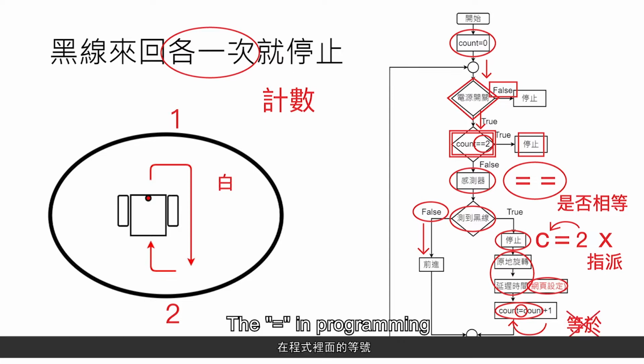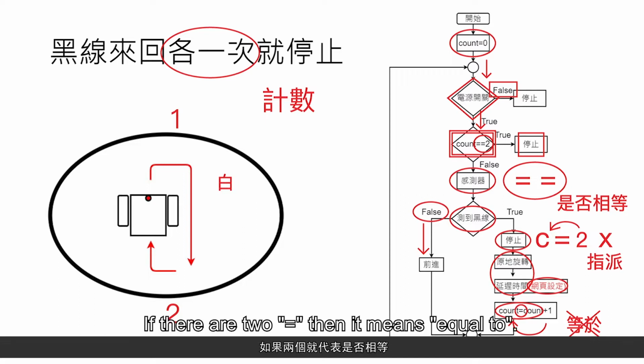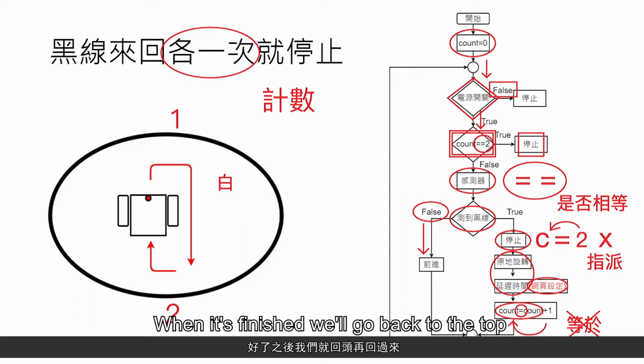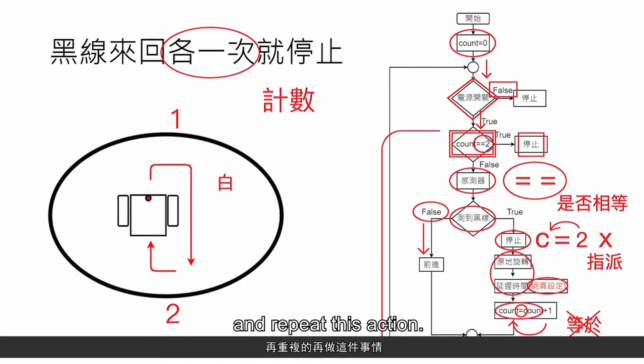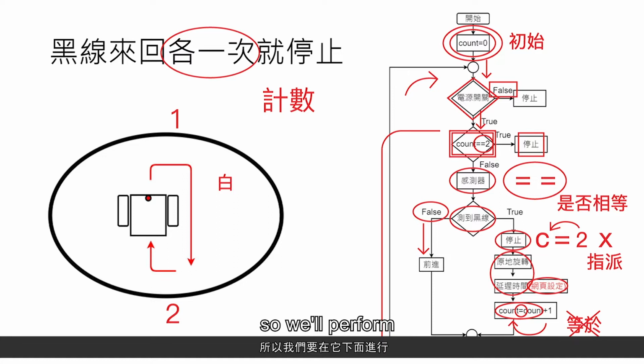The equal in programming doesn't mean equal to. A single equal means to assign. If there are 2 equal signs, then it means equal to. When it's finished, we will go back to the top and repeat this action. Pay attention to this. The initial declaration will not be repeated, so we'll perform what's below that.